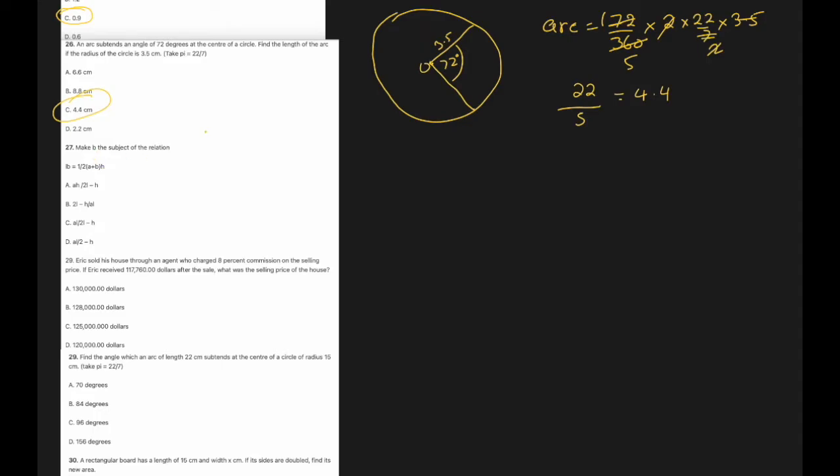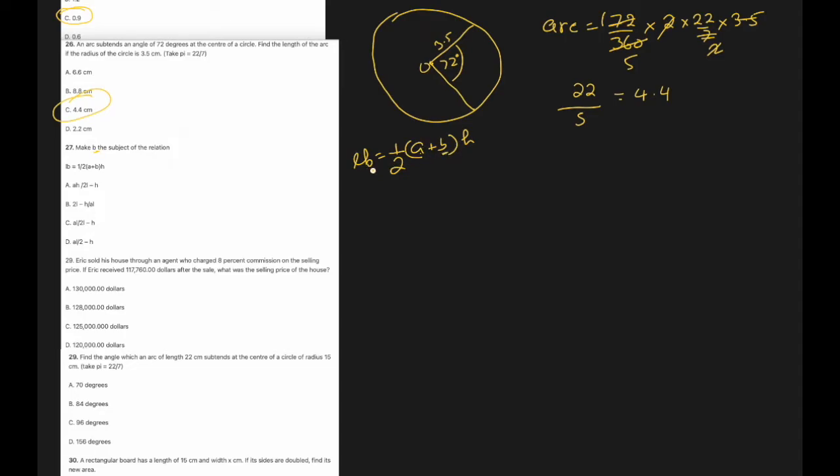27. Make B the subject of the relation: L B equals half of (A plus B) multiplied by H. This is the area of a trapezium, by the way. So we want B as the subject.